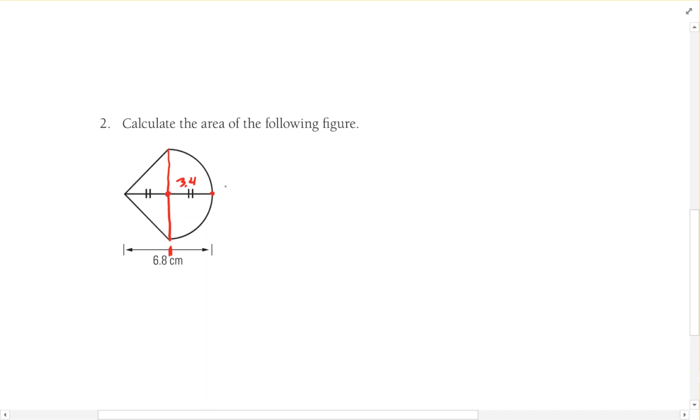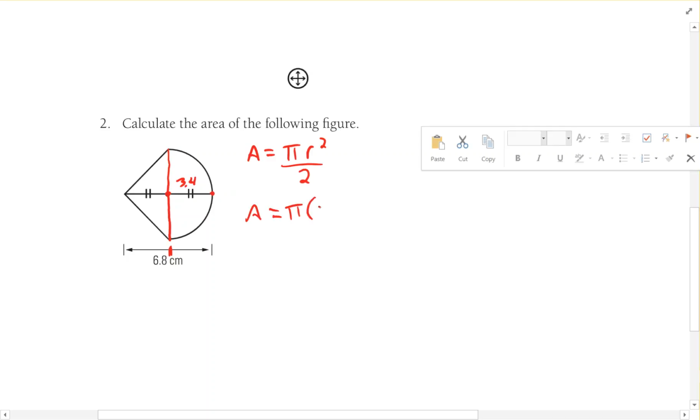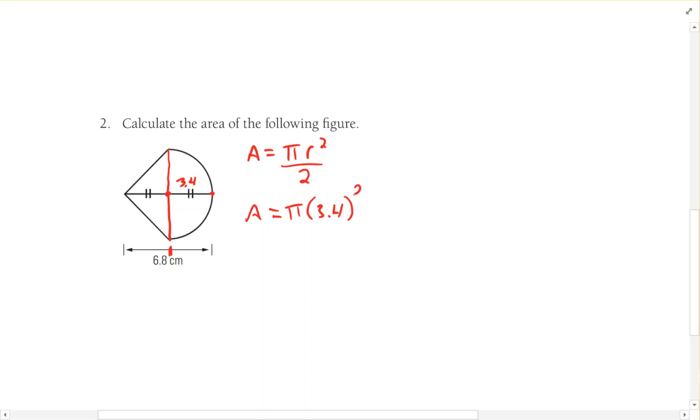All right, now let's find the area of our half of a circle, just like above. So the area of this is going to be pi r squared divided by 2, because it's just half of a circle. That's what the divided by 2 part is. So A is equal to pi times r, which is 3.4, squared, divided by 2.